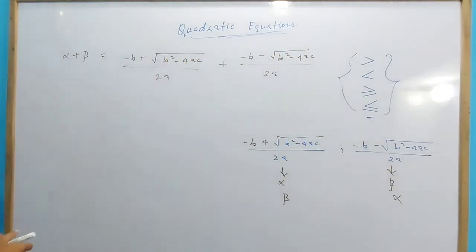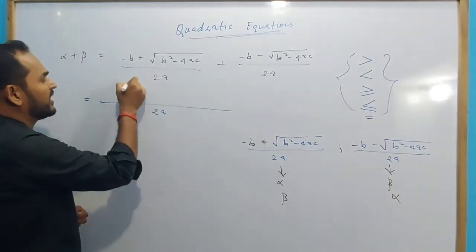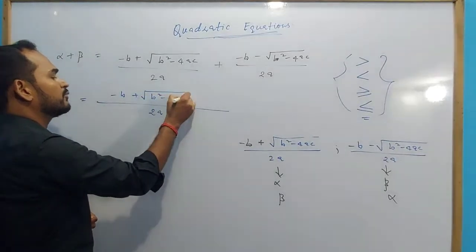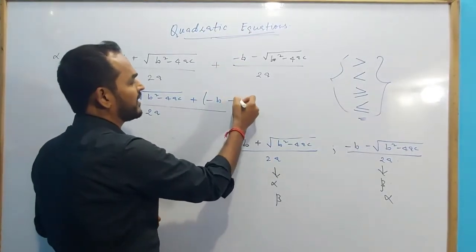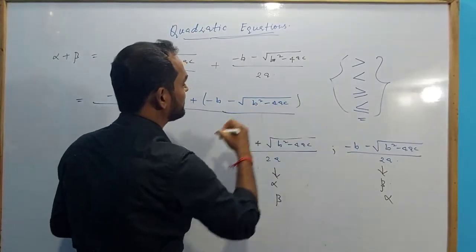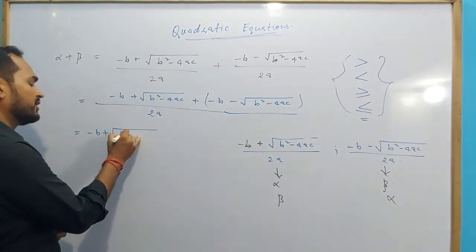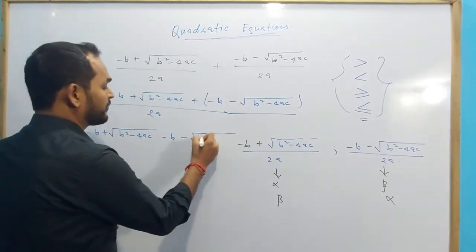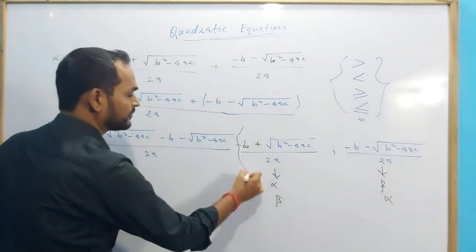The LCM will be 2a, and we get minus b plus root b square minus 4ac plus again minus b minus root b square minus 4ac, upon 2a.